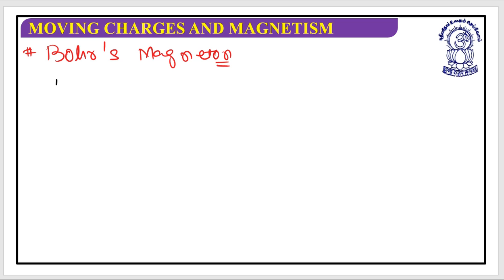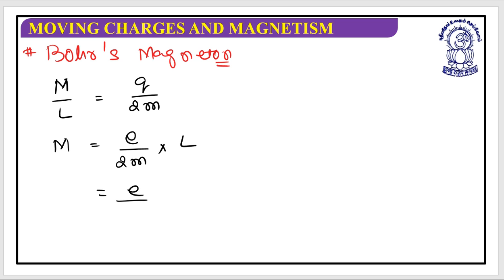We understood that mu by l is equal to q by 2m. So mu is equal to q by 2m multiplied by l, and this l could be represented by n into h by 2 pi. Now why? How has this been arrived at?